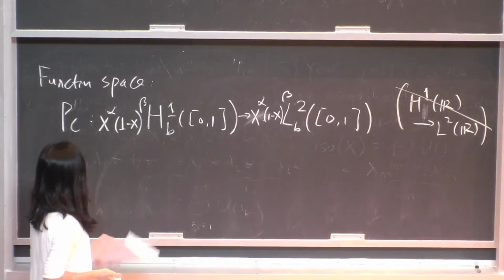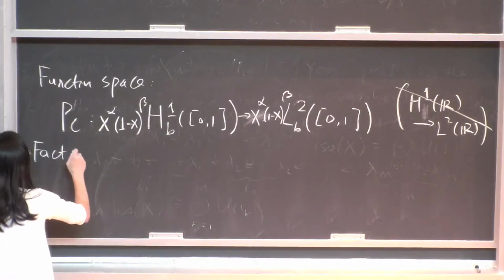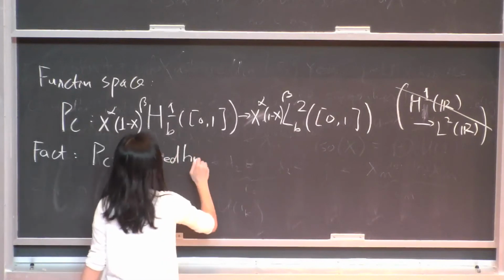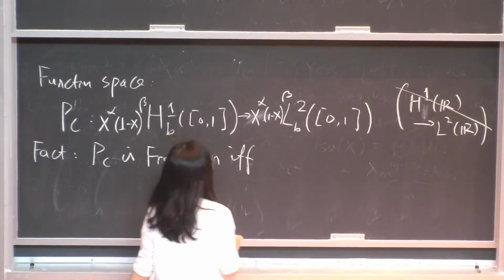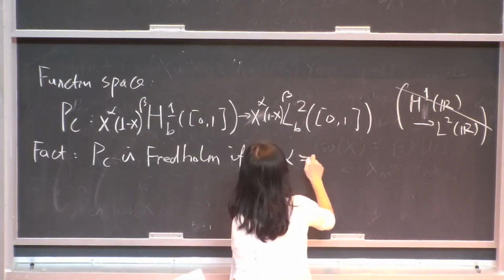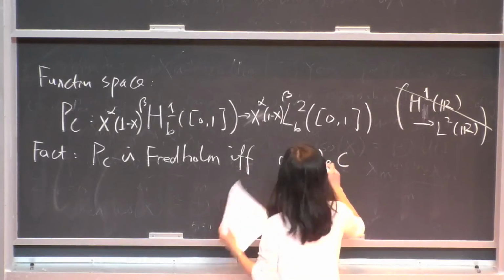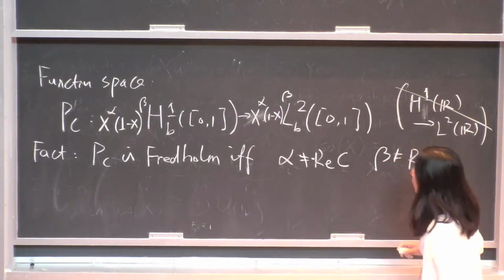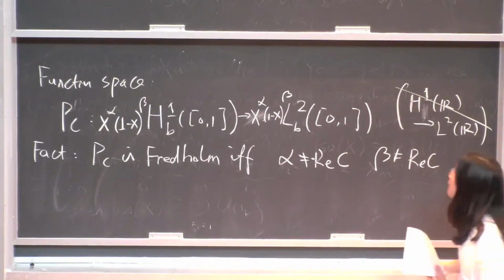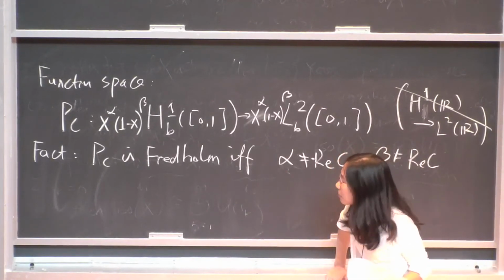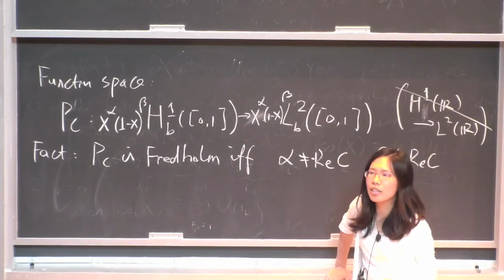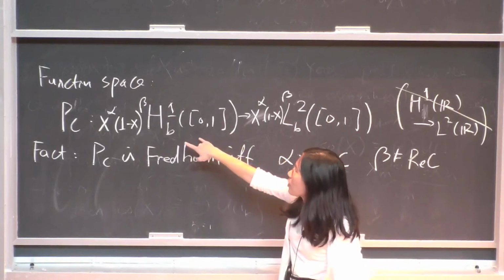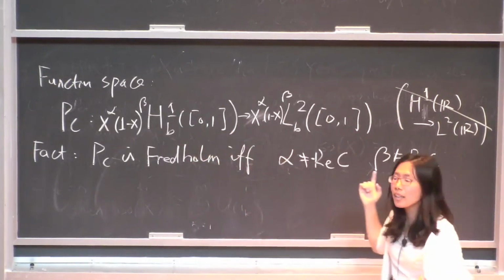And the fact is that this operator is Fredholm if and only if alpha is not the negative real part of C, and beta is not the real part of C. You can check that easily, in the sense that the only danger is having a potential function in the kernel, which is the exponential function, which in this case translates to x to the alpha and 1 minus x to the beta.